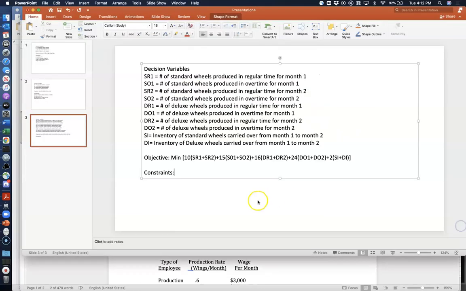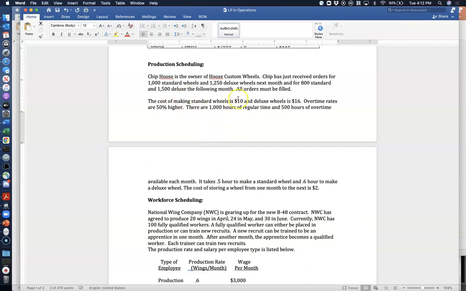So let's look at demand constraints first. So there are 4 demand constraints. The total number of standard wheels that you have to have available in the first month is 1000. So you have to have at least 1000 standard wheels available in the first month.